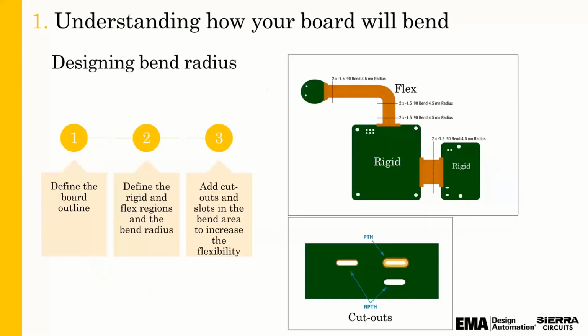Now, really important is understanding and sharing the understanding with the fabricator on what are the flex regions and what are the rigid regions in a rigid flex application. So always have a drawing that really specifies all these details, so that way your manufacturer can give as much guidance as possible.